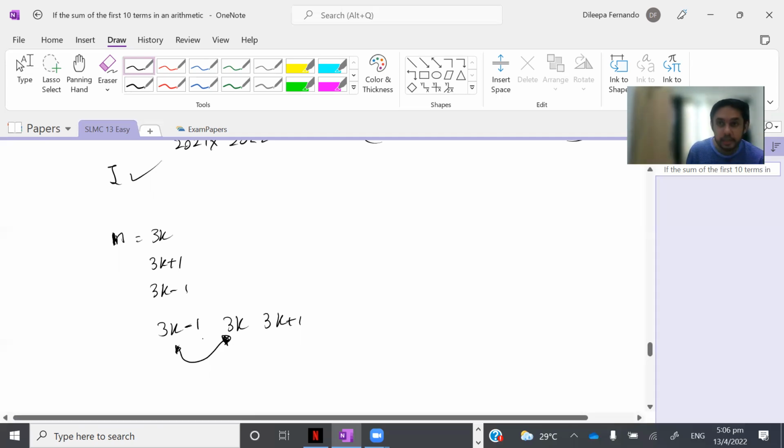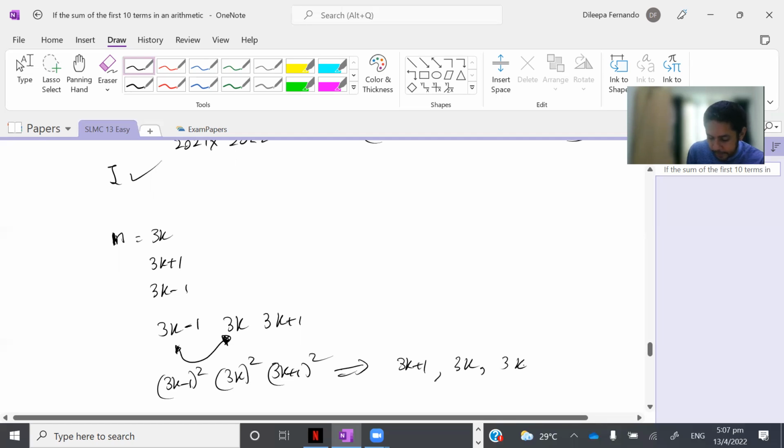So let's compare the squares of them. Since minus 1 squares to be plus 1, this modulo class will be 3k plus 1.